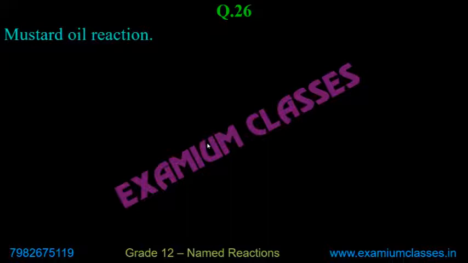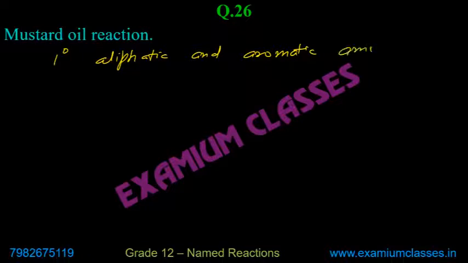So try to understand the type of reaction. Primary aliphatic and aromatic amines. So our favorite one, CH3CH2NH2, and primary.